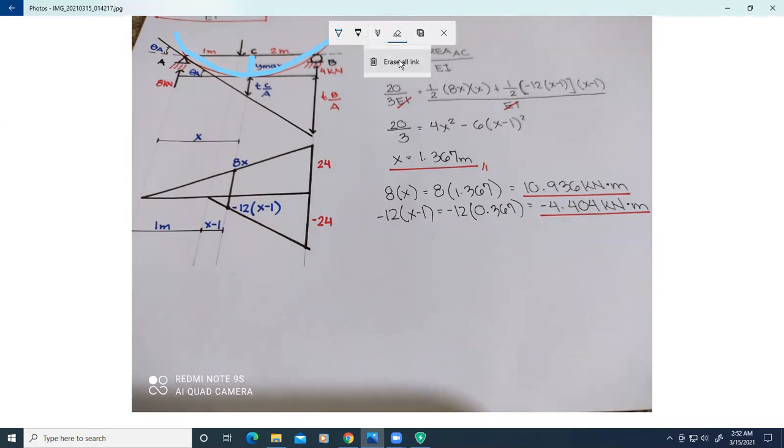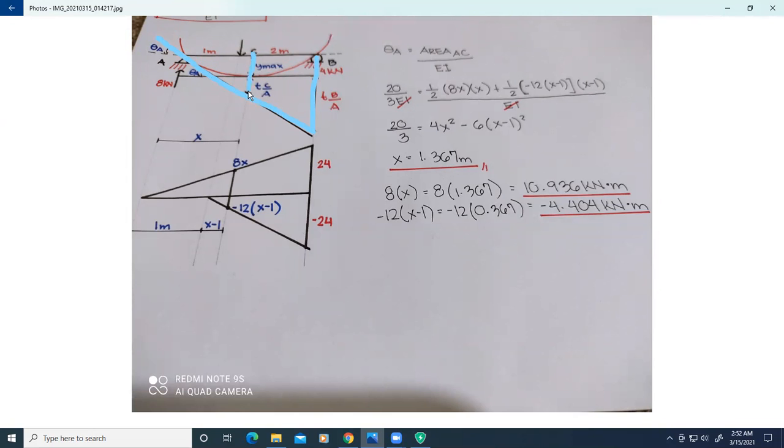During the earlier stages, I drew again a tangent here. So the deviation from A to B will be in our equation. So this is our maximum deflection.